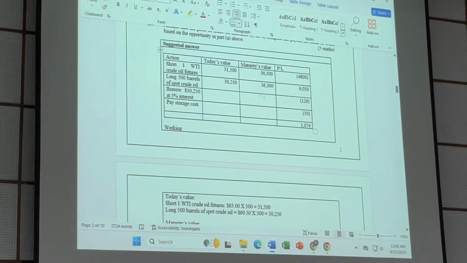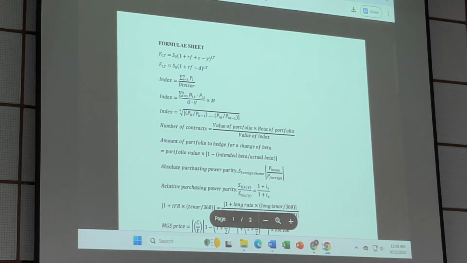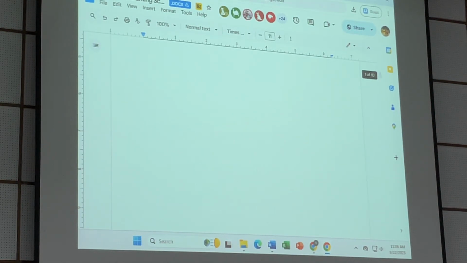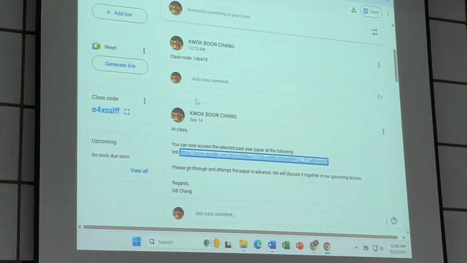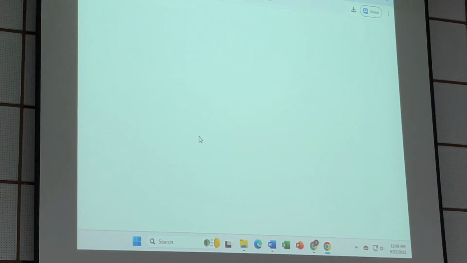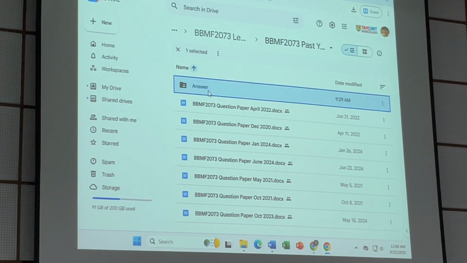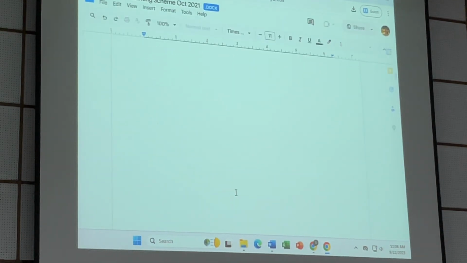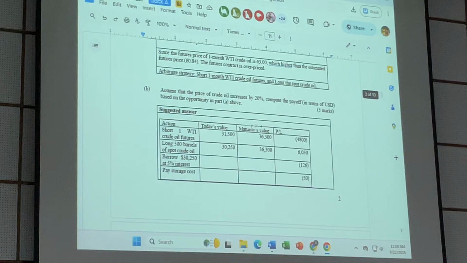So at the end, which one minus which one? If we refer to that one, October, I need to change something. Which one minus which one? I haven't put the bracket.